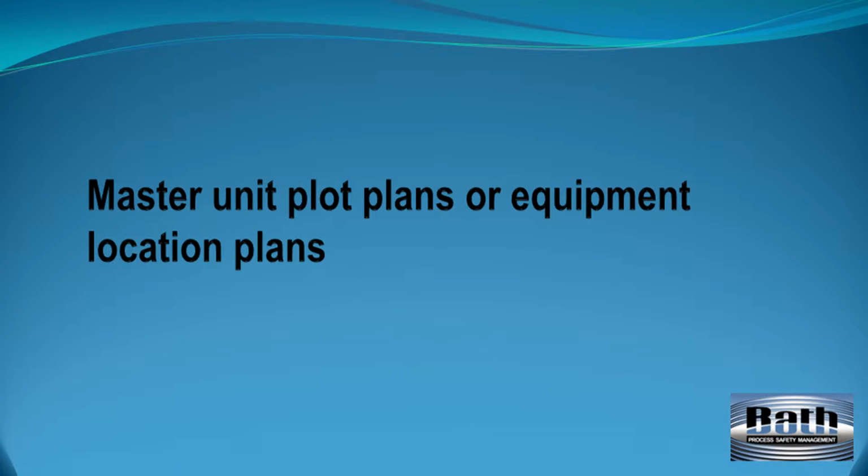First, master unit plot plans or equipment location plans in an editable format. These are typically drawings that reflect the location of all process-related equipment and buildings. Please note, these should be scaled drawings. These documents will become the background information used in generating the area classification drawings.